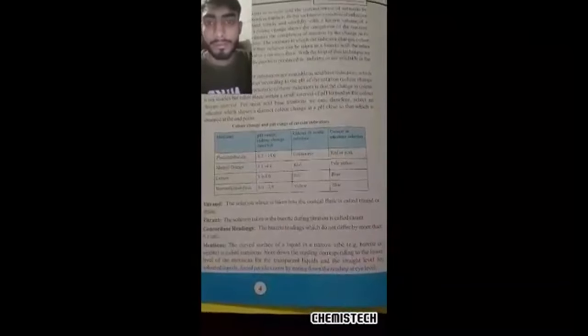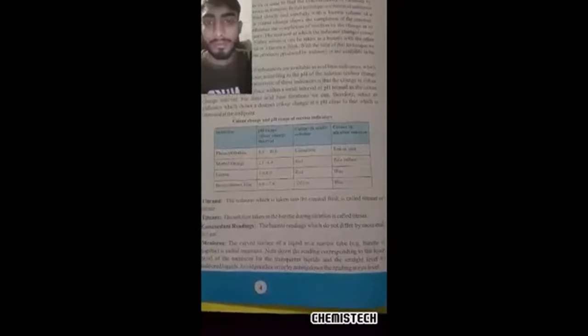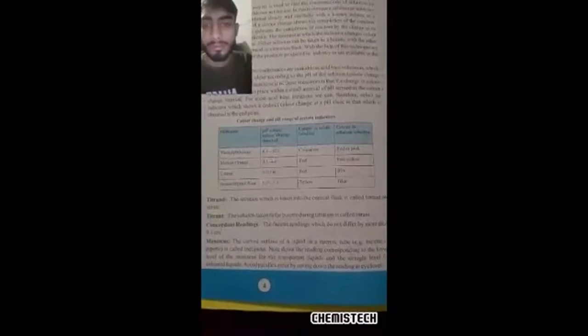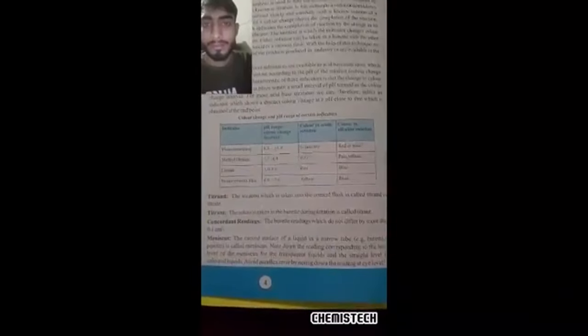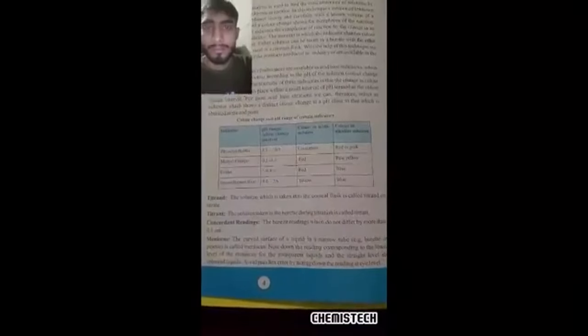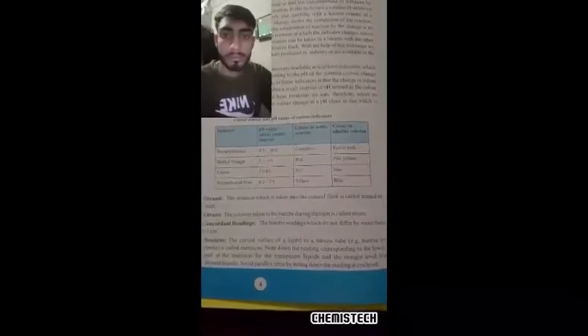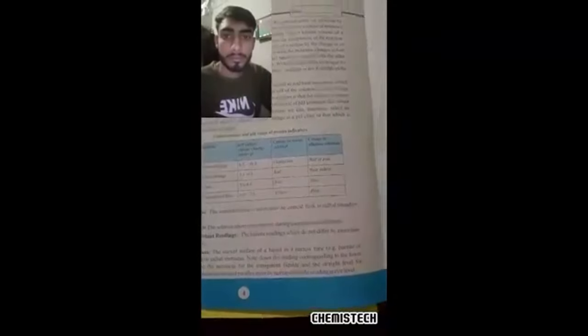Note down the reading corresponding to the lower level of the meniscus for transparent liquids and the upper level for colored liquids. Avoid parallax error by noting down the reading at eye level.